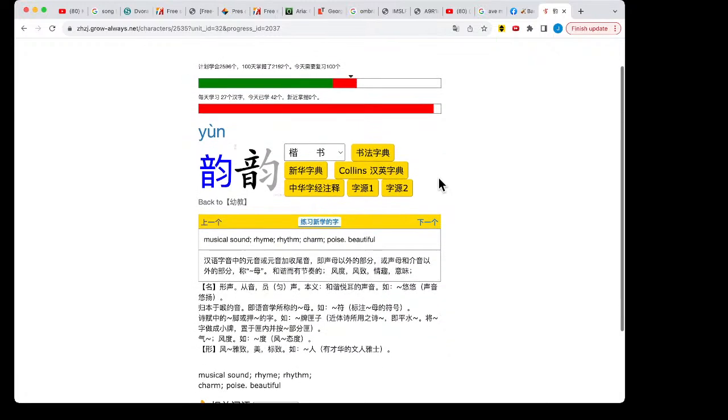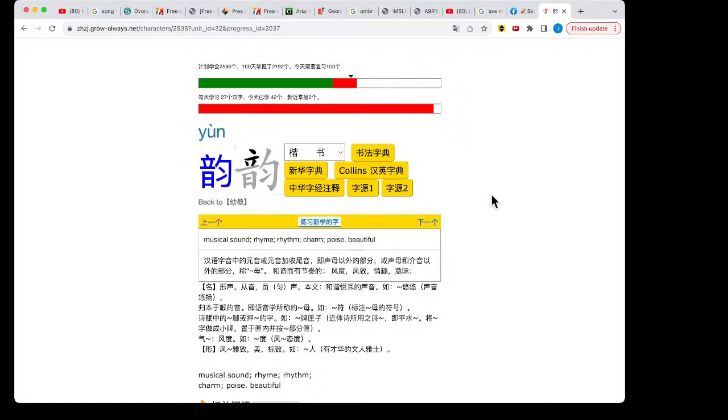韵 means music sound, rhyme or rhythm. So that means 韵. This is used in music and in poetry.